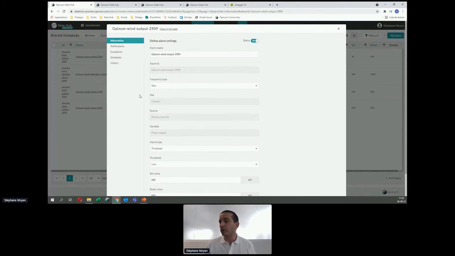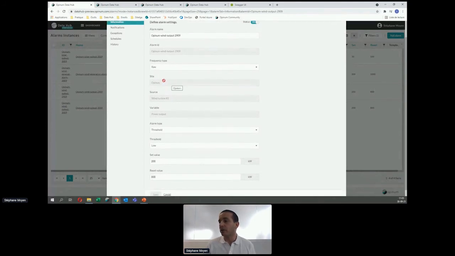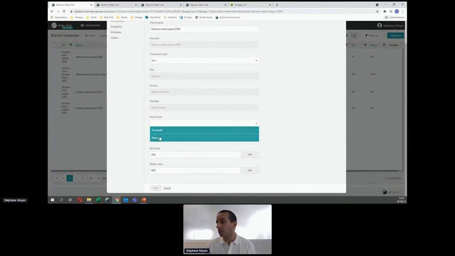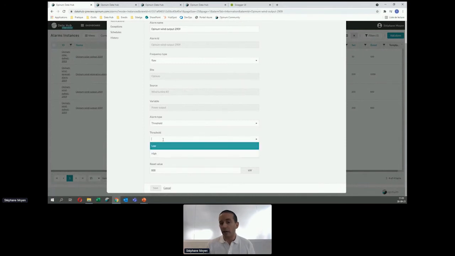When you set up an alarm, you have to pick a site, a source, and a variable on which you put the alarm. So they were chosen before. And then you can choose and change the alarm type as you want between threshold and binary. Also, the threshold type is going to be low or high, as we talked about before.